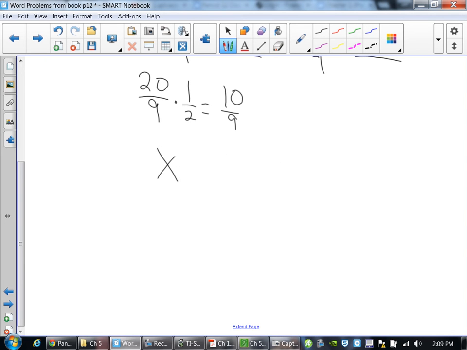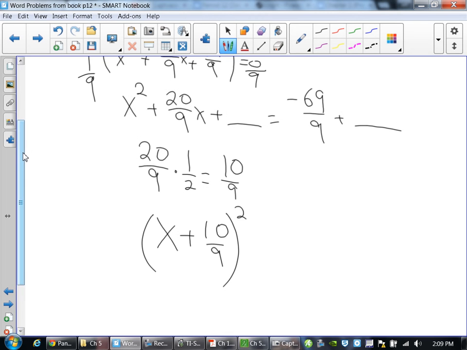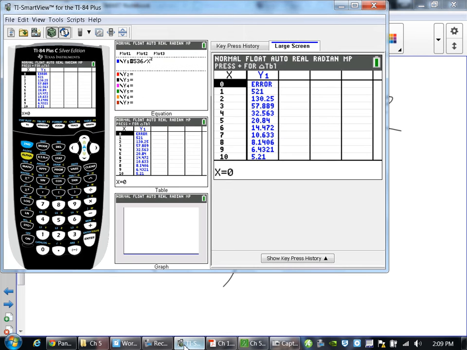So you get x plus 10 over 9, quantity squared. And then when I square 10 over 9, what's 10 squared? What's 9 squared? So 10 over 9 squared is? Now in your calculator, to type that in, all you have to do is this.